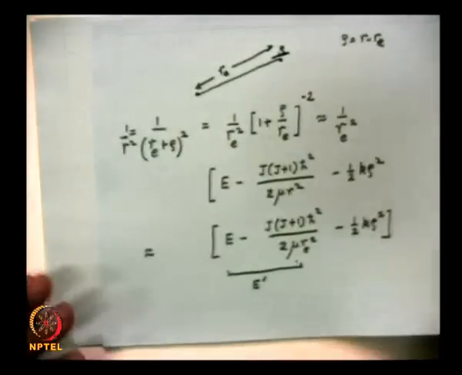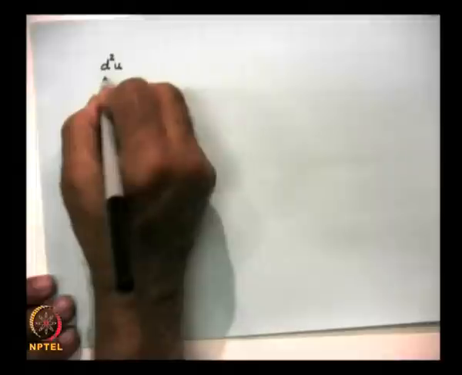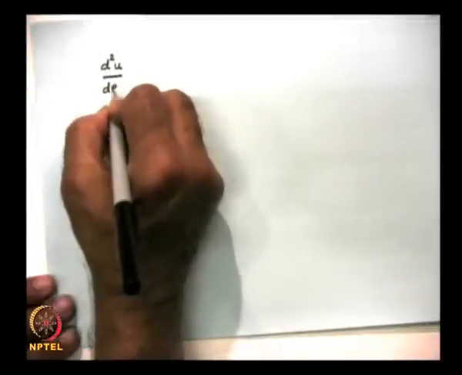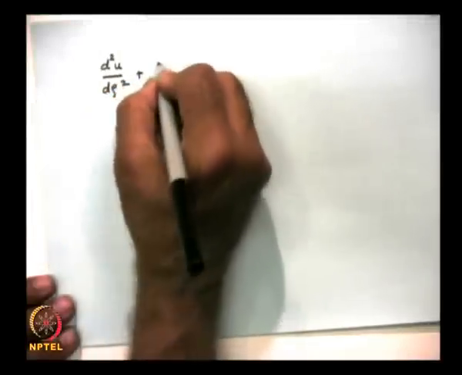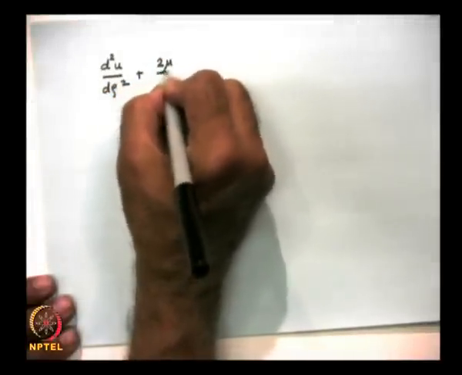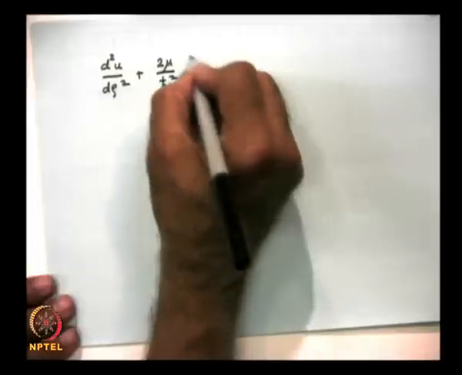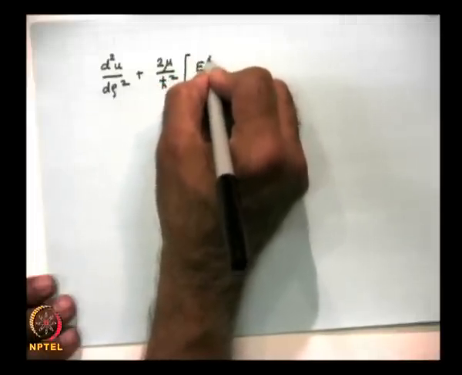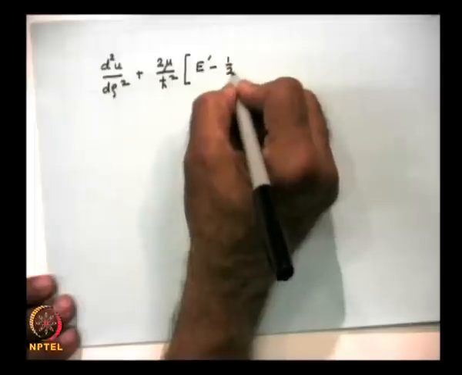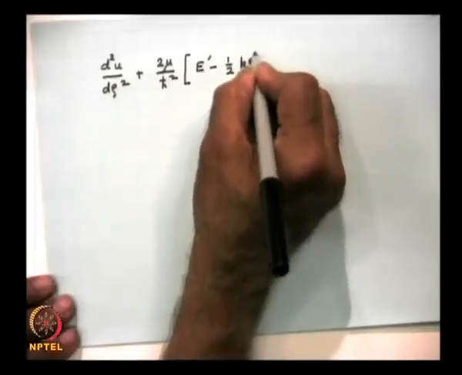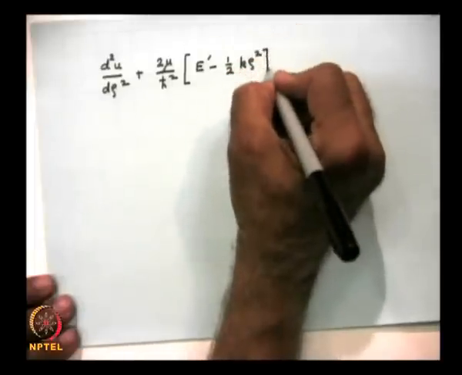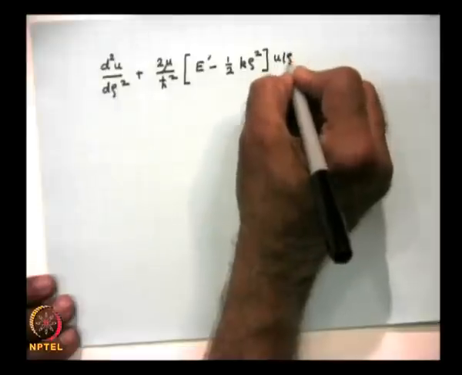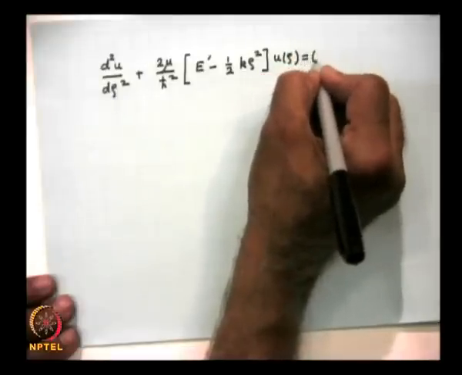So, the radial part of the Schrodinger equation becomes d2u by d rho square plus 2 mu by h cross square, E prime minus half k rho square, u of rho is equal to 0.